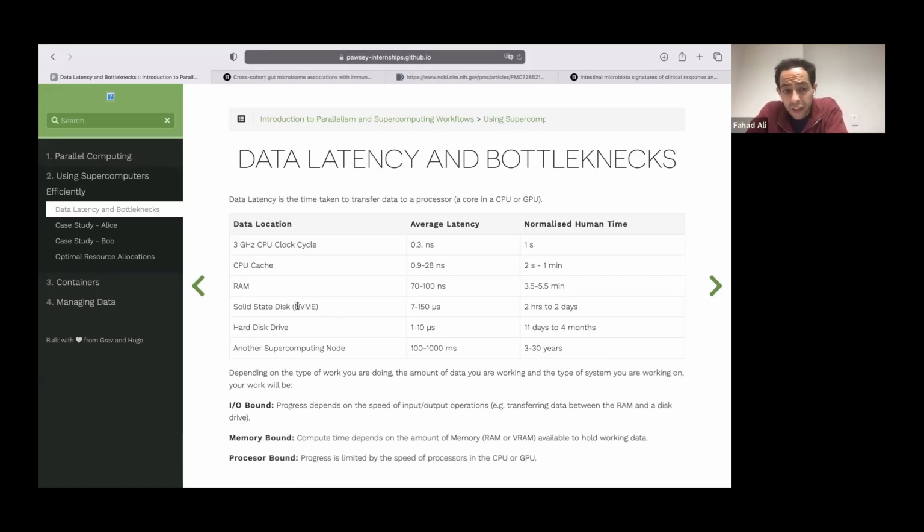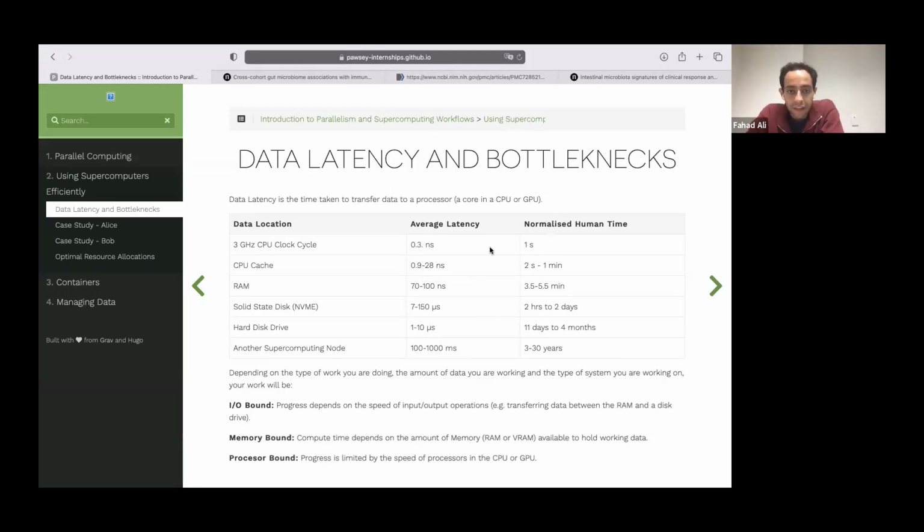Taking it from a solid state disk, it's in microseconds now, hard disk drive, milliseconds. And from another supercomputing node is in the millisecond range. Okay, so there is time involved with transferring data to a processor.